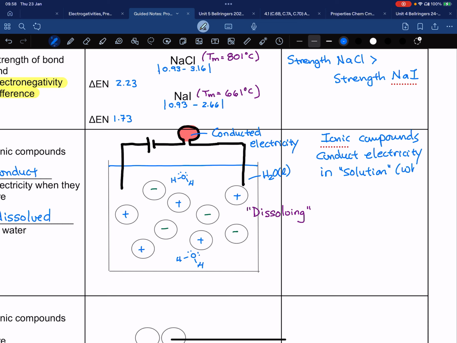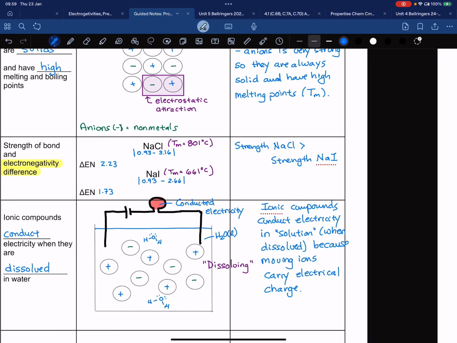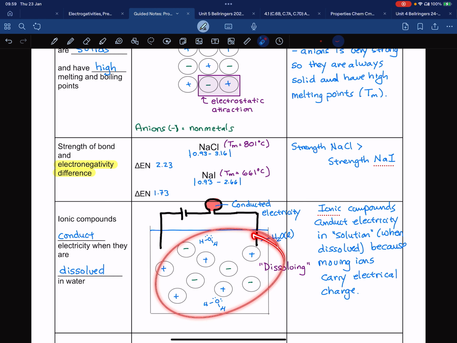In other words, when they are dissolved, because the moving ions carry the electrical charge. And that is why they will only conduct electricity when they are dissolved like that.